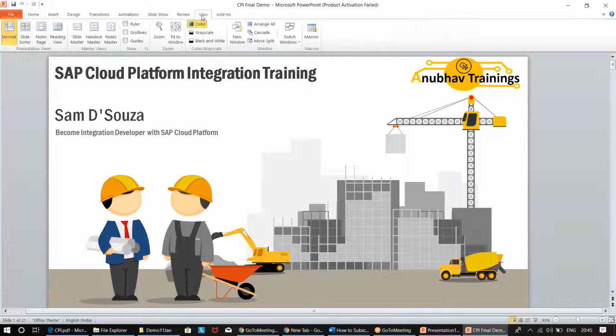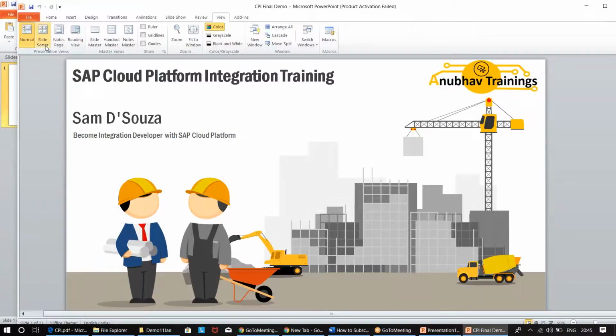Okay, let me go to view. Yes. In View we have reading view, normal, notes page. Only normal is selected, and it is showing normal. So that's why I think it's the first time this is happening.